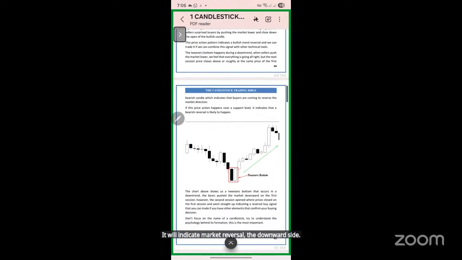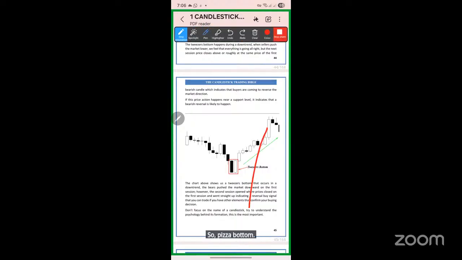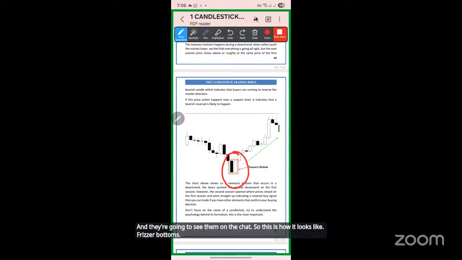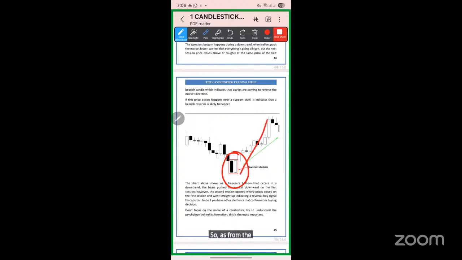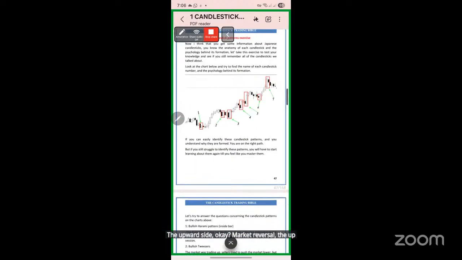By illustration, you have been shown the tweezer bottom, and this is how it looks on the chart. From the tweezer bottoms, the market reverses to the upward side.